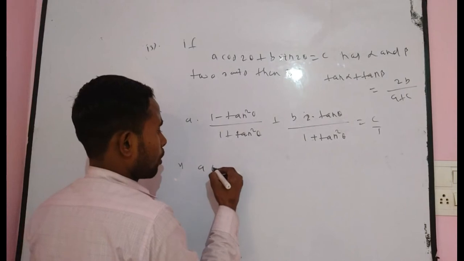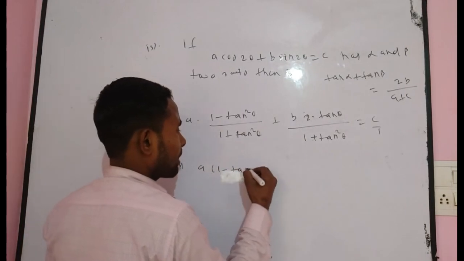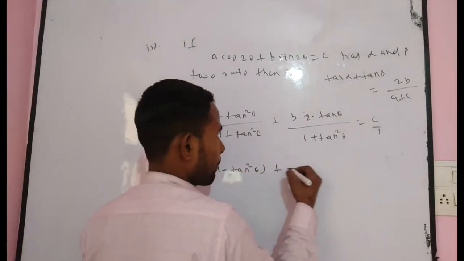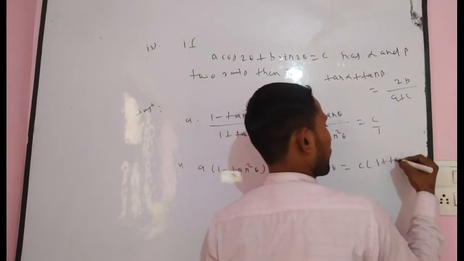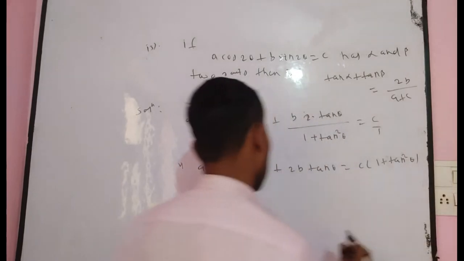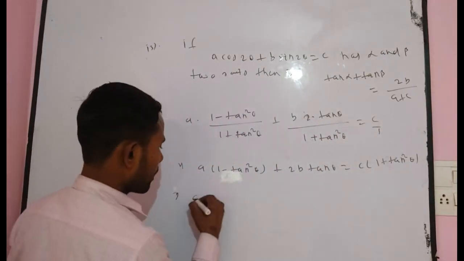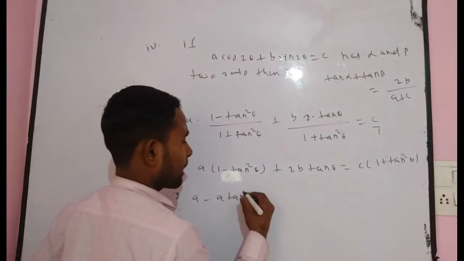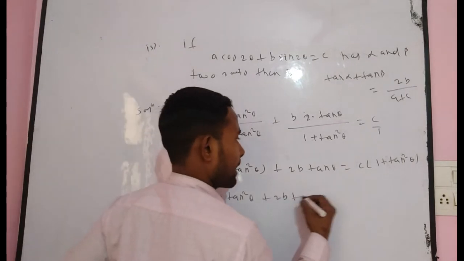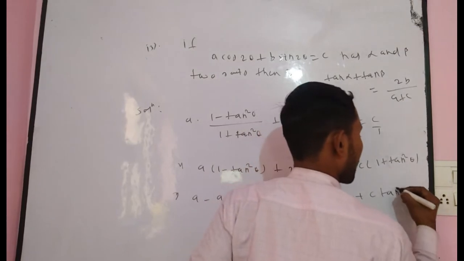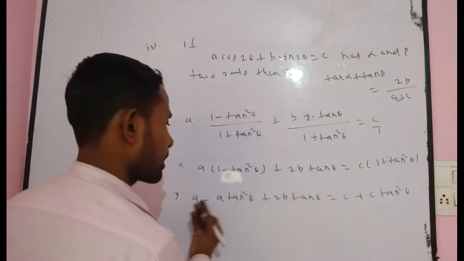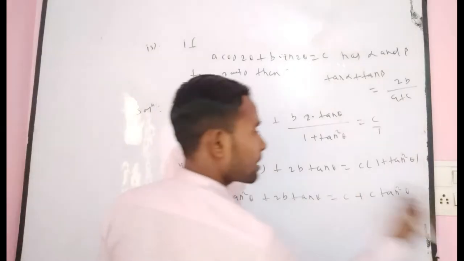A into 1 minus tan square theta plus 2b into tan theta is equal to c times 1 plus tan square theta. Now I want to arrange terms. You get a minus a tan square theta plus 2b tan theta is equal to c plus c tan square theta.